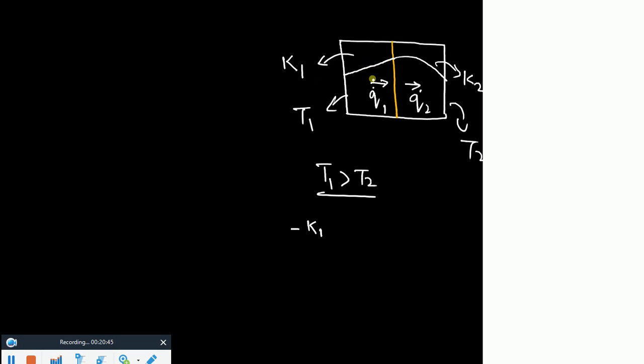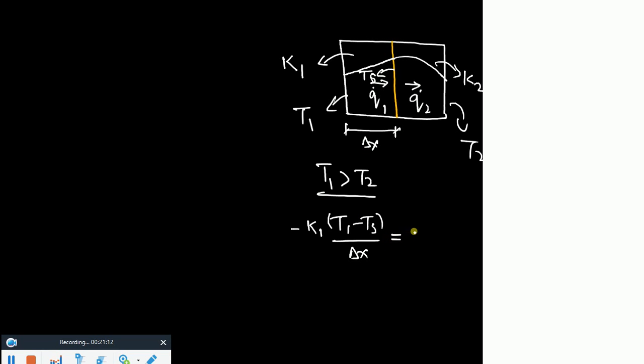Now, what would be the heat transfer rate on this side? Minus K1. Let me say this temperature is Ts. So can I write heat transfer rate on this side equal to minus K1 times T1 minus Ts divided by delta X? Let's say this is delta X. Can I say it like this?